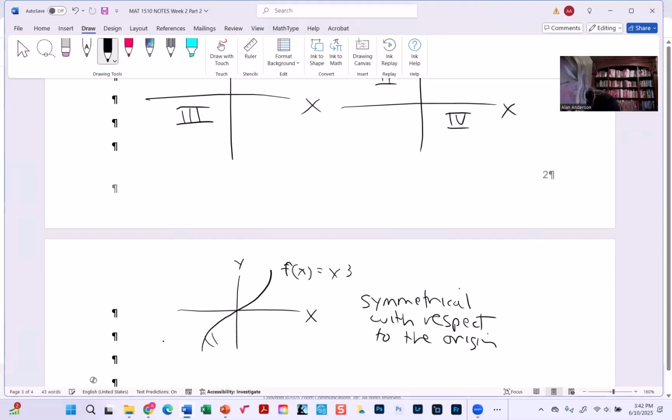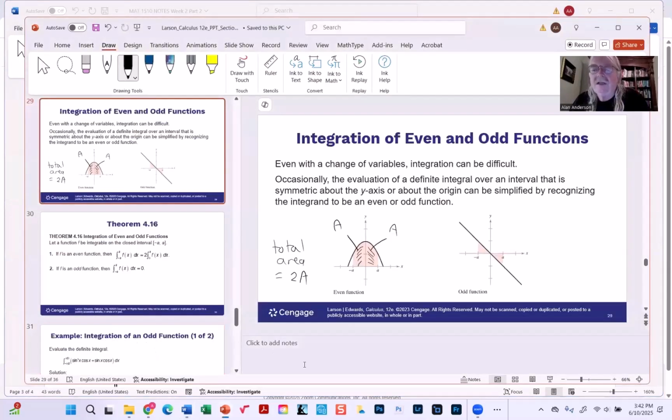That also means that this area down here is the same as this, except one is positive and one is negative. So anyway, that's the logic behind what's going to happen here. These numbers, you can think of this as a and negative a.